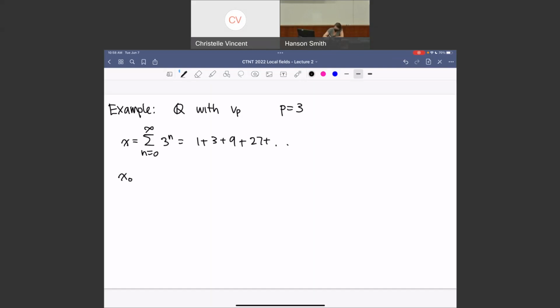The sequence would be like 1 plus 3, 1 plus 3 plus 9. They converge to that big infinite sum.